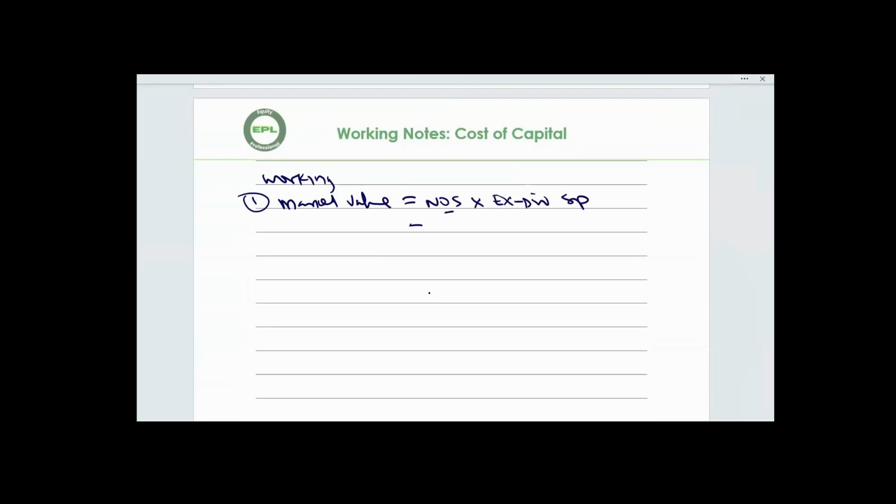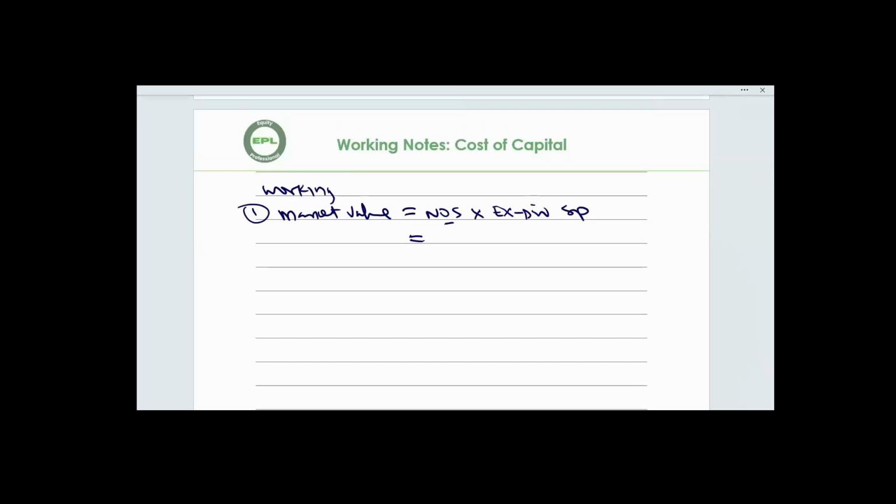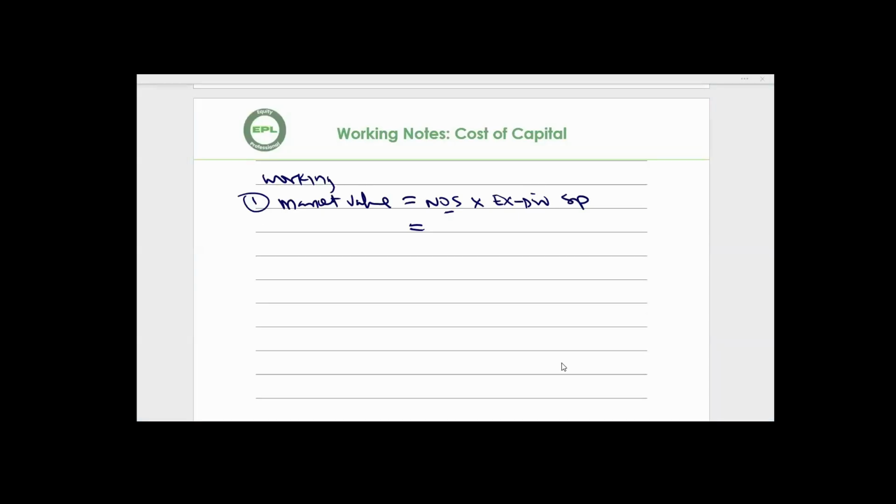That's how to calculate the total market value of the preference share. The total preference share, we are told, is 1 million redeemable preference shares.